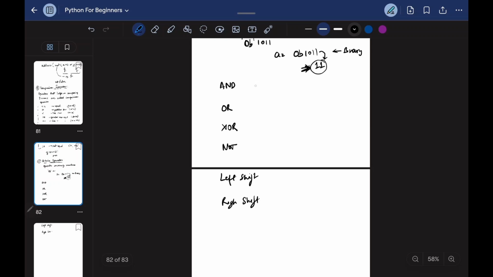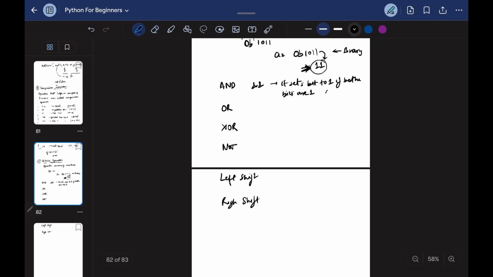The AND operator sets a bit to 1 if both bits are 1.